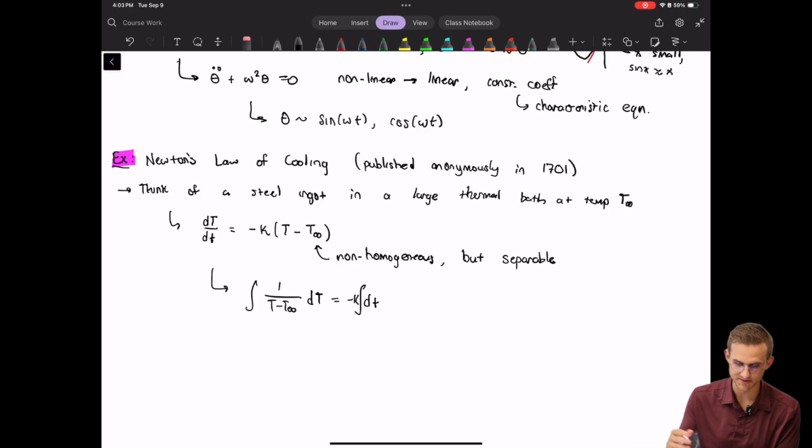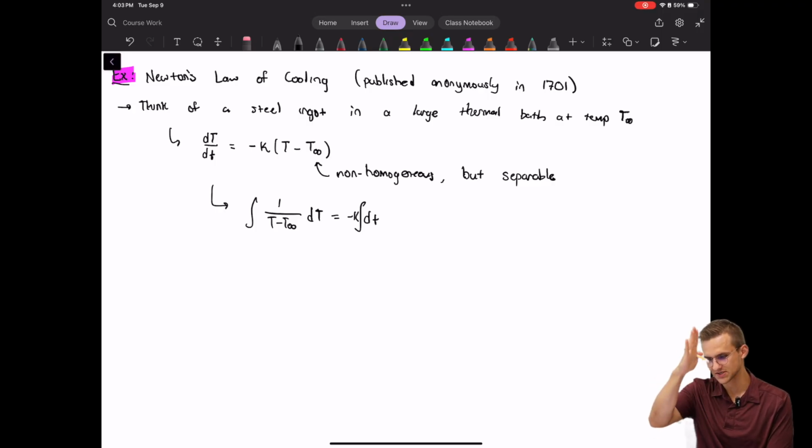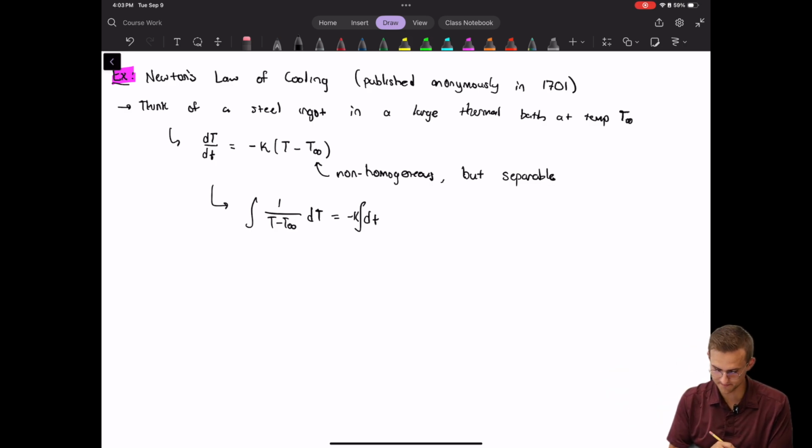We've done this integral a couple times already in this class, so I'm not going to do it again. But you would end up with exponential decay of the temperature to the surroundings. It's always slowing down, so it's asymptotically approaching the thermal bath temperature, the ambient temperature.